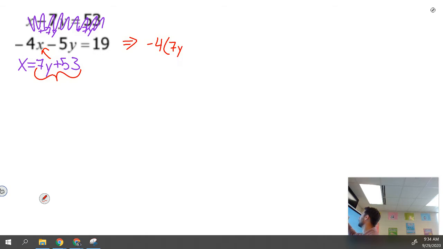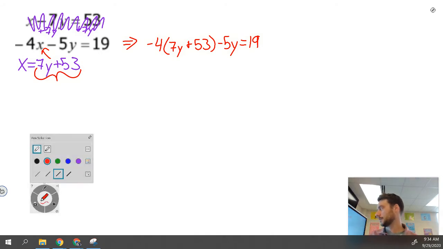Parentheses 7y plus 53 minus 5y equals 18.